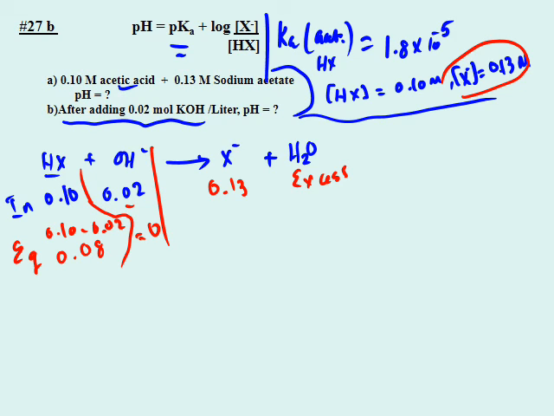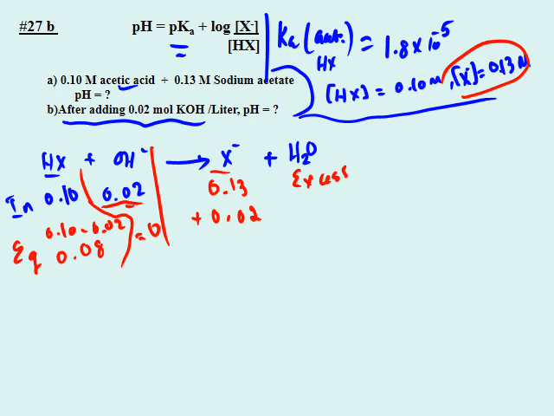X minus, remember when 0.02 of OH reacts, you get 0.02 of X minus and 0.02 of extra water. Water is already in excess, so I don't worry about the additional 0.02. However, we will have to take into account that 0.02 of X minus that you get because of the reaction of 0.02 molar OH with HX.